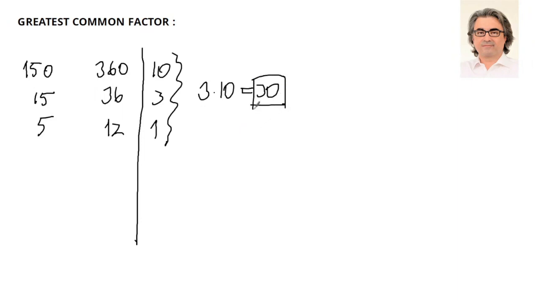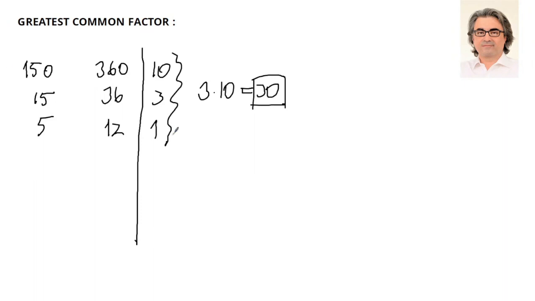So if I find all factors of 30, then I will find all common factors of 150 and 360. Now let's start to find all factors of 30, which is the greatest common factor of these two numbers.